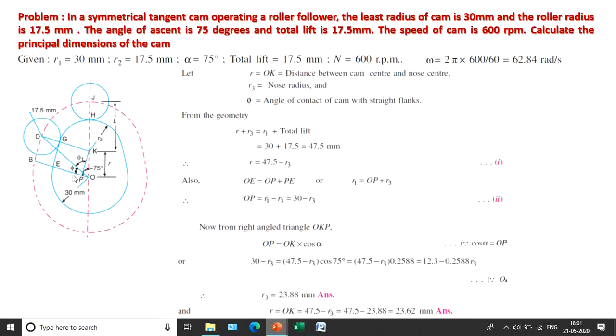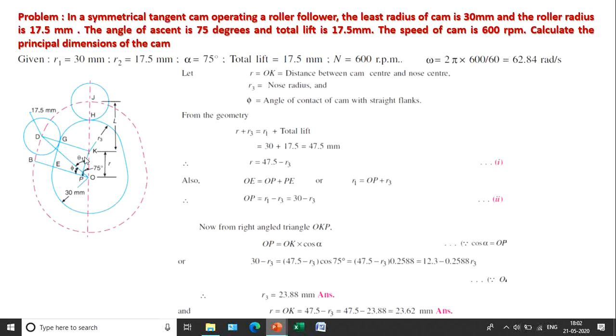Now from this geometry, OE is the length. We can split OE as OP plus PE. This forms a right angle triangle. OE is nothing but this length, equal to OP plus PE. Since this is also the base circle radius, OE can be replaced as R1 and PE can be replaced as R3.